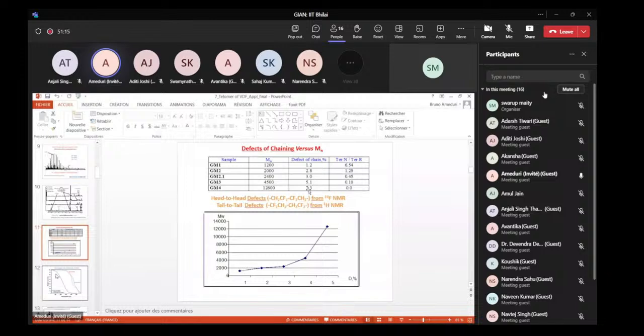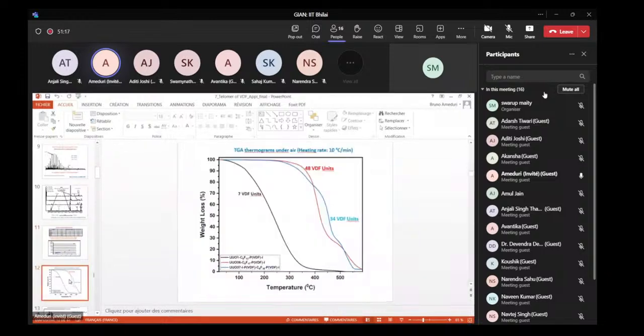The thermal properties of these different products, this is not really those presented in the previous slide, but we wanted to show the importance of the telomers versus the thermal properties. Considering 7 units, we have a very poor thermal stability because we have a vaporization of the products and not a decomposition.